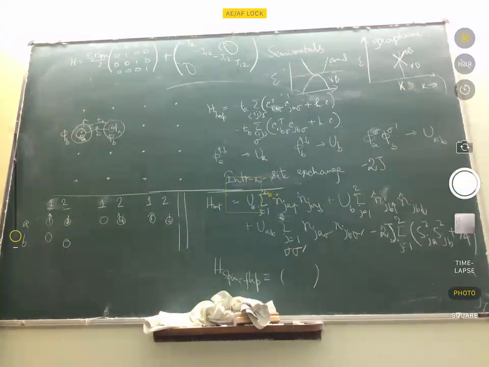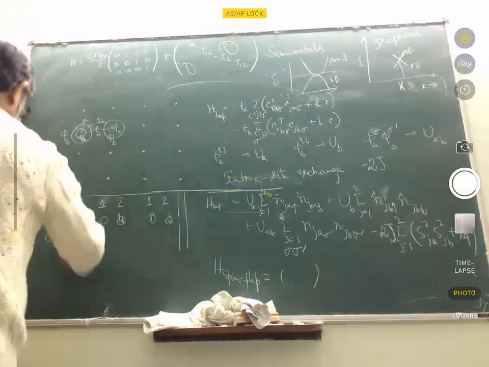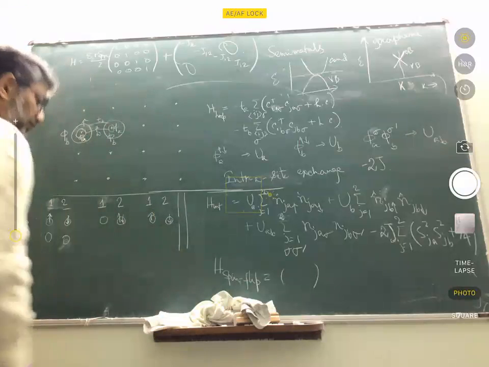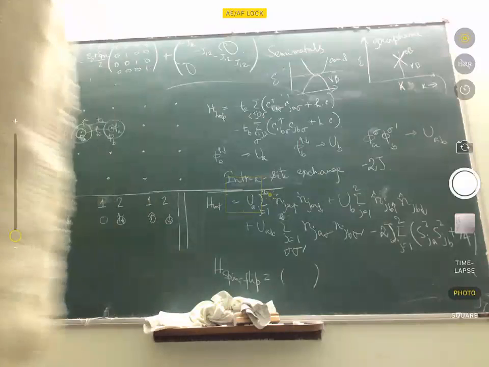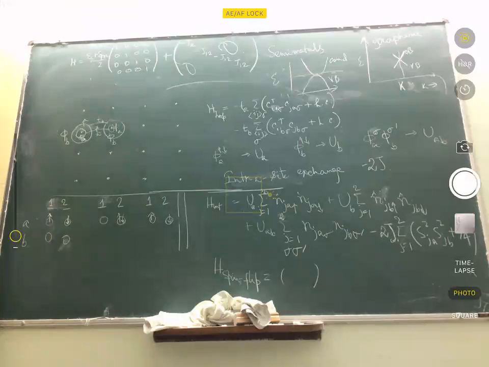So when you consider such processes, it's the usual thing that we just saw. I'm completely forgetting about this orbital. Everything is happening within the A orbital on the two sites.